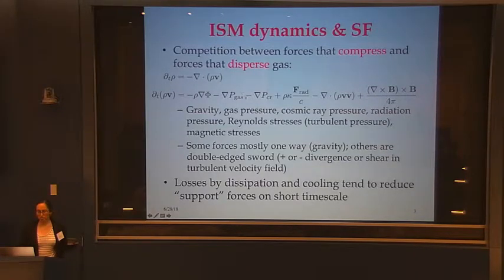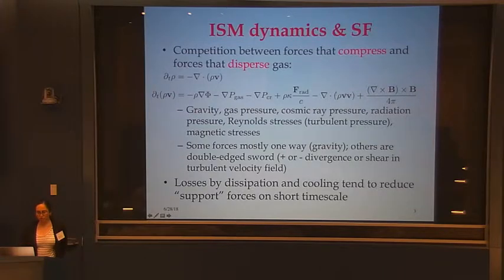But this is showing you the terms that go into the momentum equation. So there are gas pressure forces, cosmic ray pressure forces, radiation forces, which depend on the flux, and magnetic forces. If you think about their effects in terms of star formation, it is a process of compressing gas, but also dispersing gas when you get to the feedback.